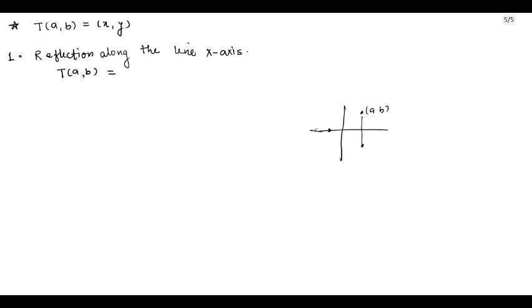This point is b distance from the x-axis, so you get b distance on the other side, both equidistant. So you get (a,-b).